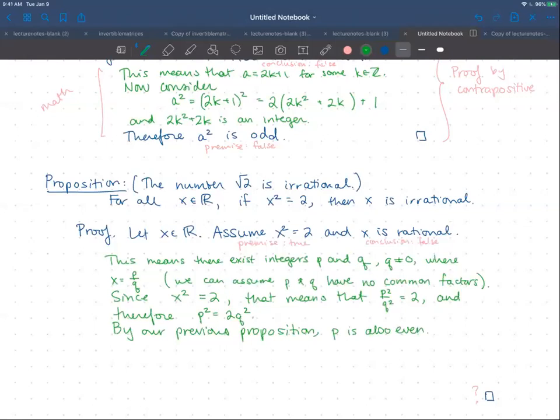So on the previous line where I say p squared equals 2 times q squared, we have that p squared is even. All right, well, what does this mean? This means there's an integer k where p looks like 2k.